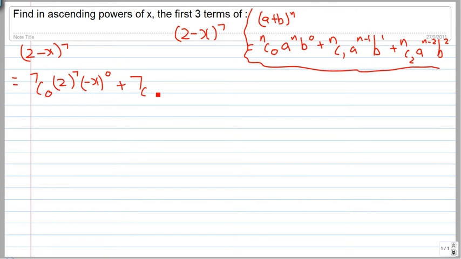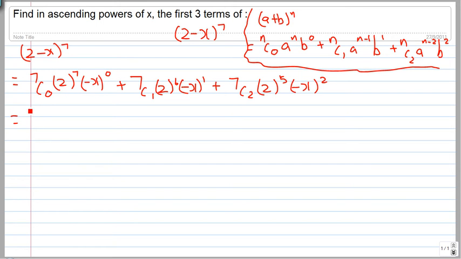Plus 7C1, 2 to the power of 6, minus x to the power of 1. Plus 7C2, 2 to the power of 5, minus x to the power of 2. Can you see the powers always add up to 7? 5 and 2, 7; 6 and 1, 7; 7 and 0, 7, right?